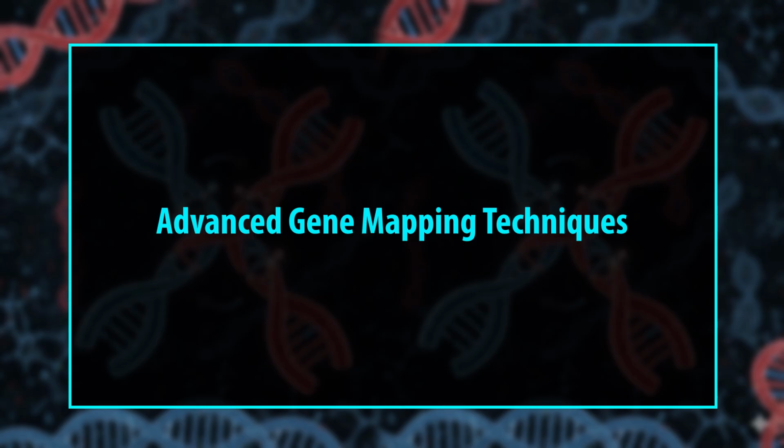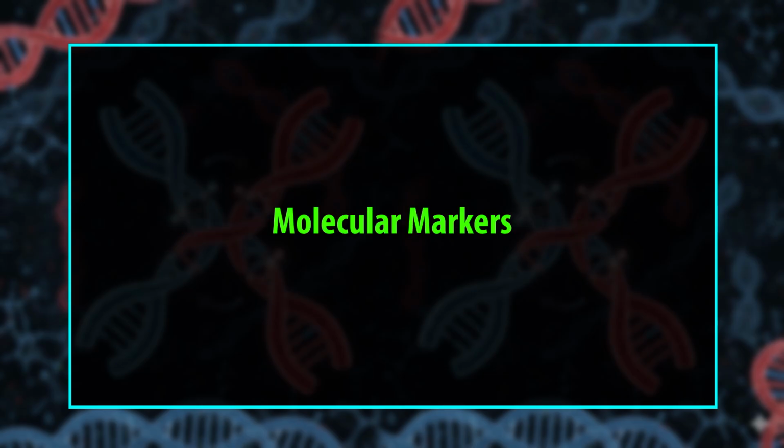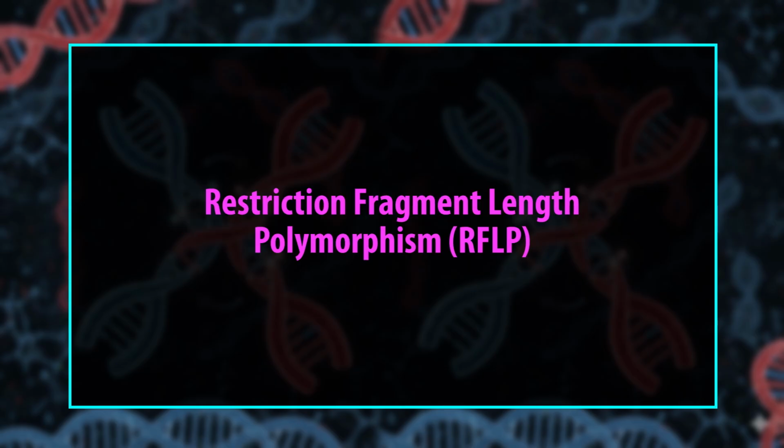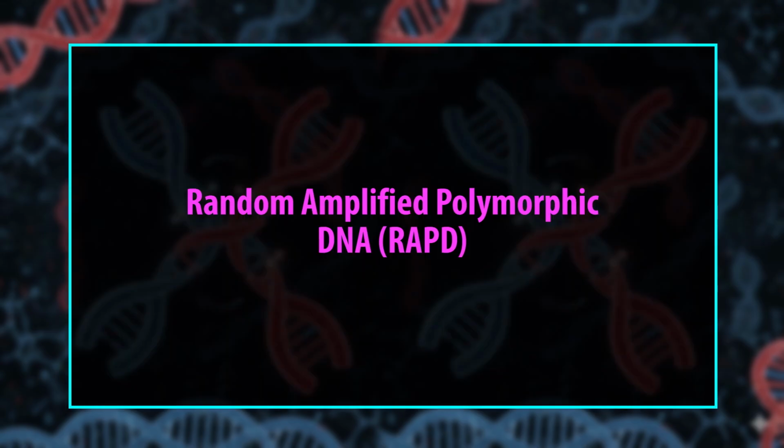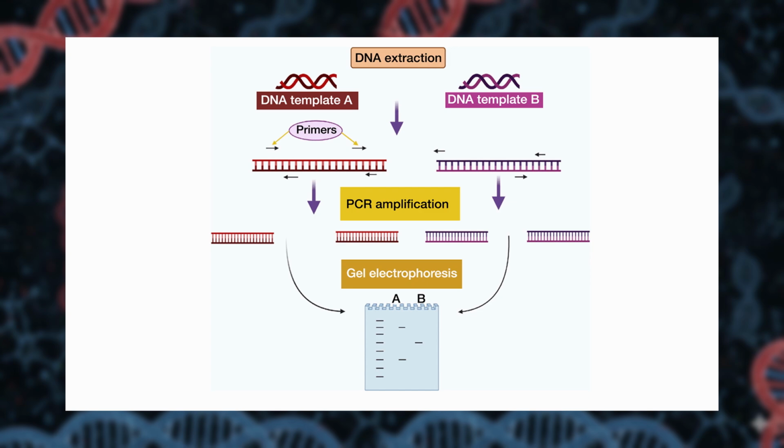Advanced gene mapping techniques. Molecular markers, restriction fragment length polymorphism, RFLP, uses restriction enzymes to detect DNA variation. Random amplified polymorphic DNA, RAPD, uses random primers to amplify DNA regions.